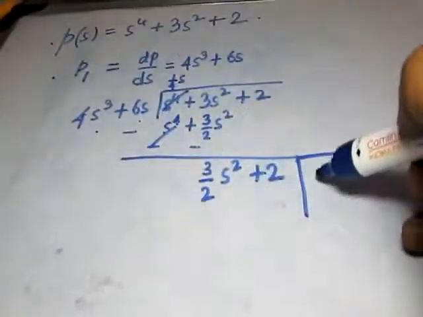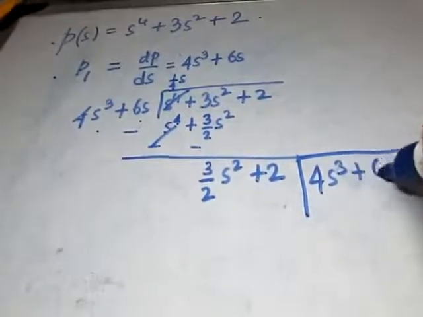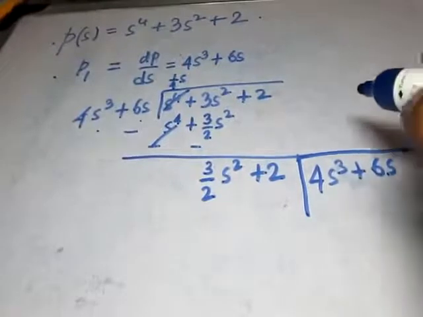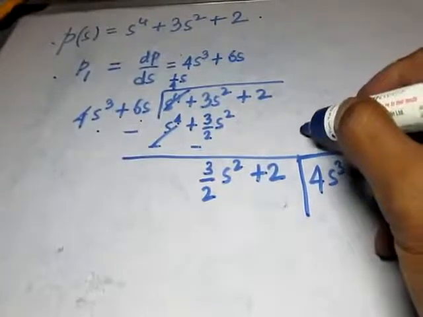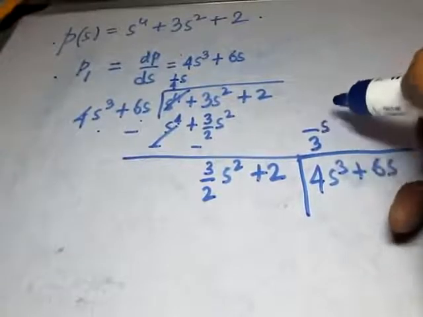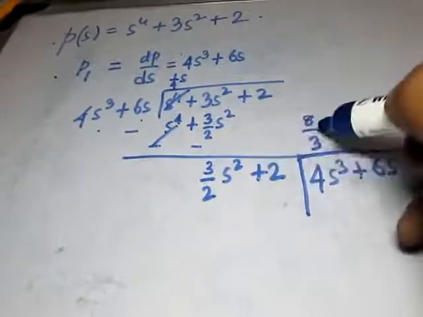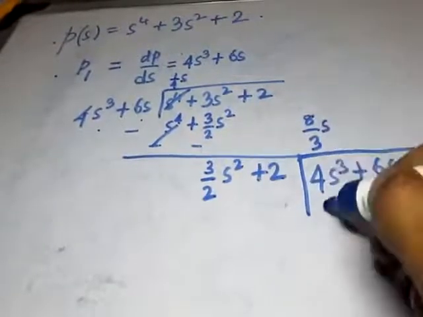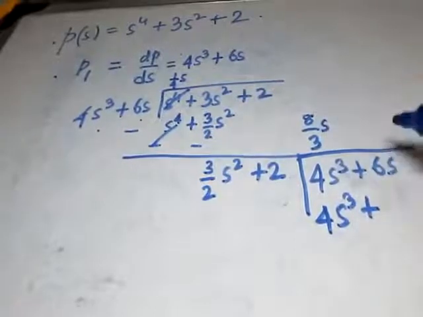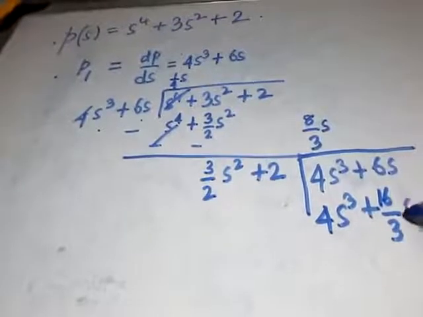We will write this over here, 4s cube plus 6s. Now this becomes 8/3 s, and this is 4s cube plus 16/3 s.